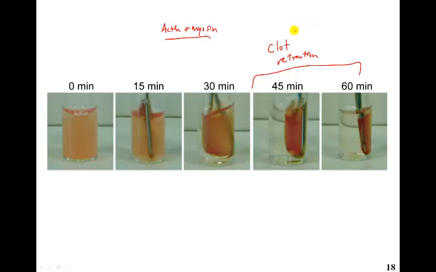So imagine you have a pretty significant break in the skin, and then you get a blood clot. If you could monitor it, you'd see that the blood clot would form, and then the clot would shrink, and what that shrinking does is it helps pull the edges of the tissue closer together to make it easier to heal.